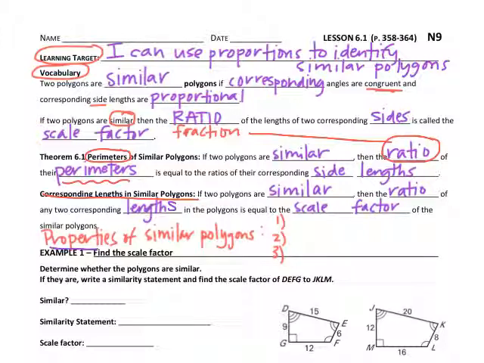Properties of similar polygons. First of all, polygons that are similar have the same number of sides. A triangle cannot be similar to a quadrilateral. Okay, so they have to have the same number of sides. They also have to have congruent angles. So the angles themselves are the exact same measure.